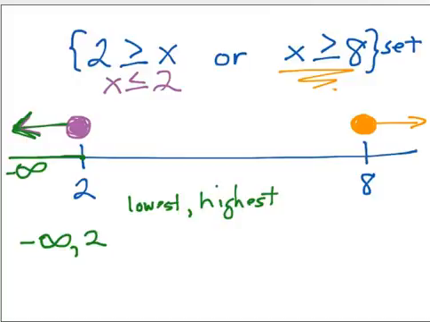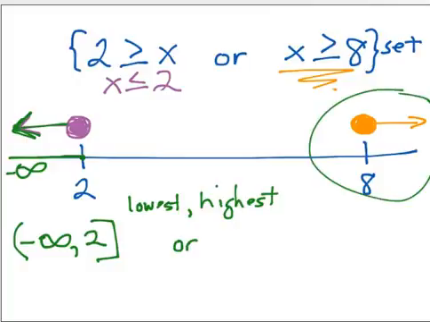Now, negative infinity is a concept. We'll never get there, so that's parentheses. But what about 2? We actually reach 2. It can be equal to 2. So now we do a bracket. But that's not the only thing. We have another set of numbers down here that we have to deal with. What is the lowest value in this other area?